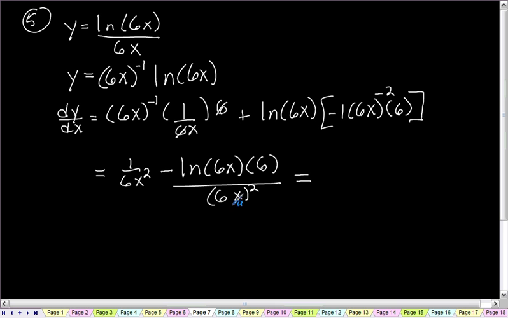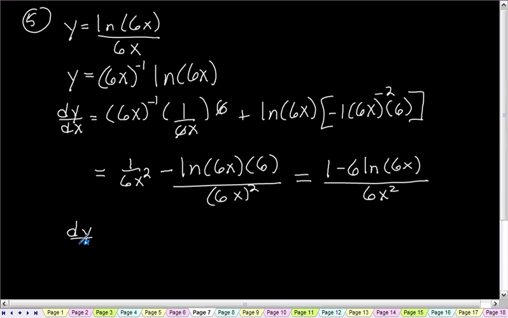So because I can add these, this is 1 minus 6 ln of 6x over 6 squared. And that is our dy dx.